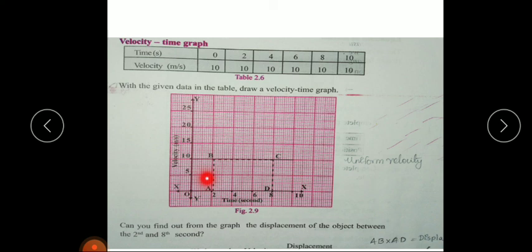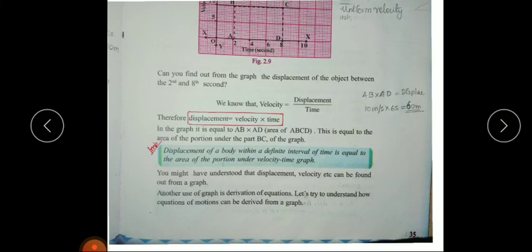So what is AB into AD? AB into AD is the area of this rectangle ABCD, right? So we can calculate the displacement between 2 and 8 seconds as the area of this rectangle ABCD. In the graph it is equal to AB into AD, which is the area of the portion under the part BC.